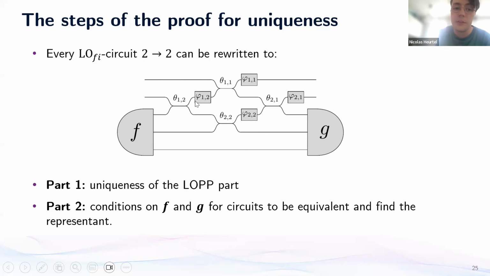So all the theta and phi here are unique. Then we will show that the pair F and G is not unique. However, we will be able to find a unique representative of all the set of F and G that work. So we prove the LOP part is unique, and we find conditions on F and G to say it's not unique, but we have a unique representative, and we can rewrite to that representative.